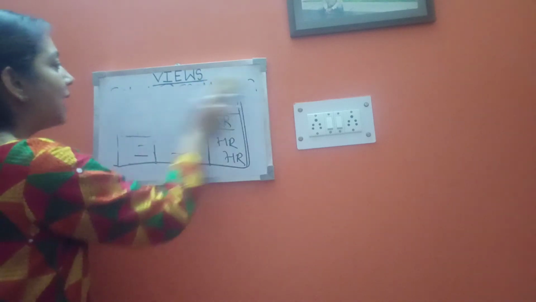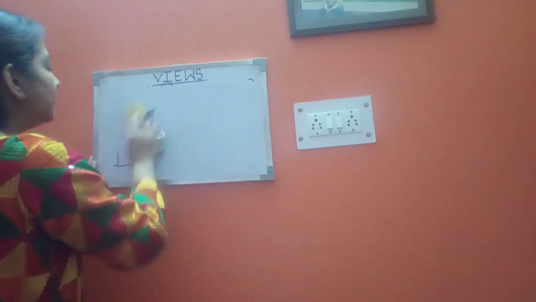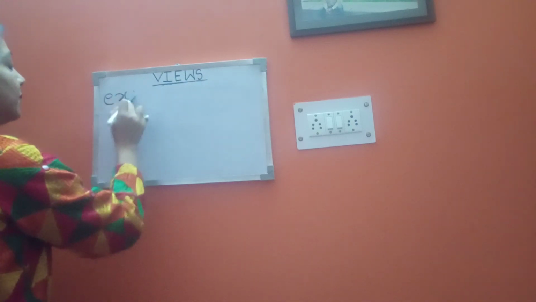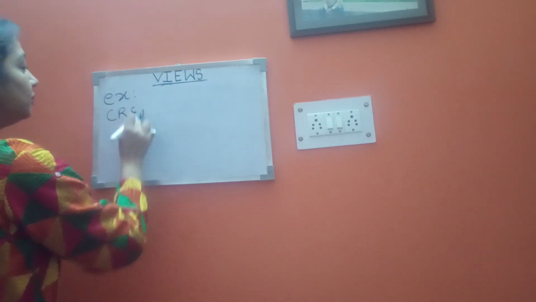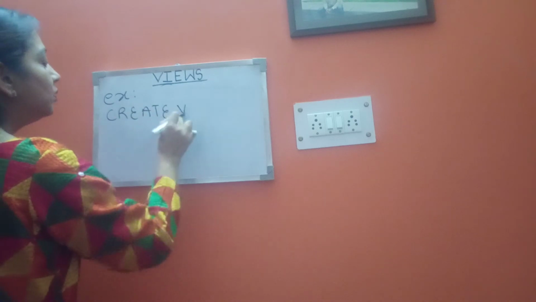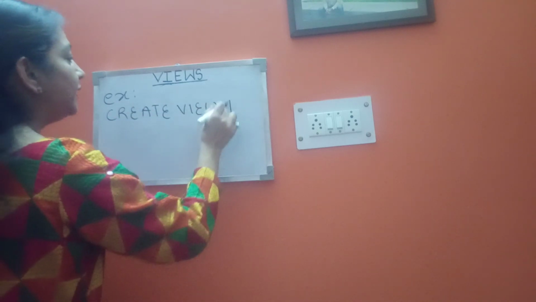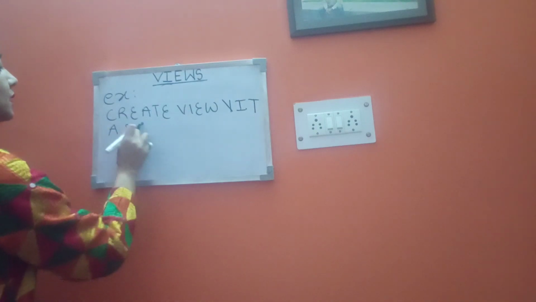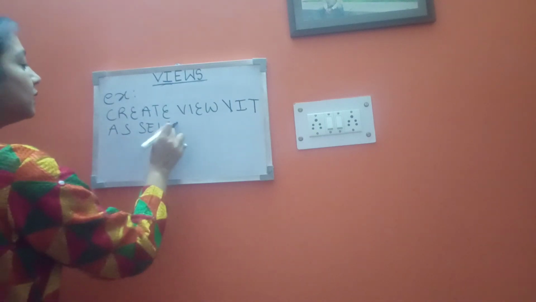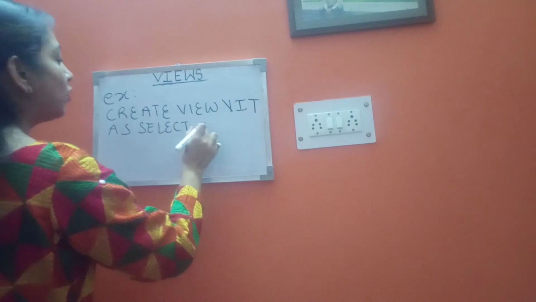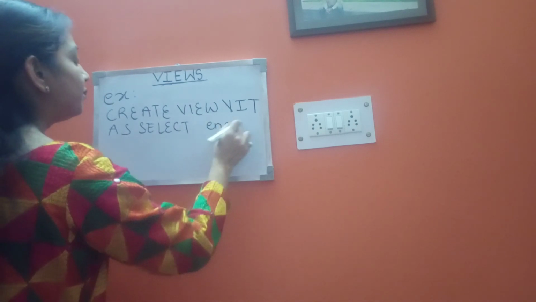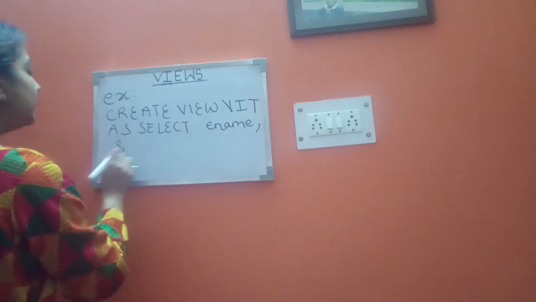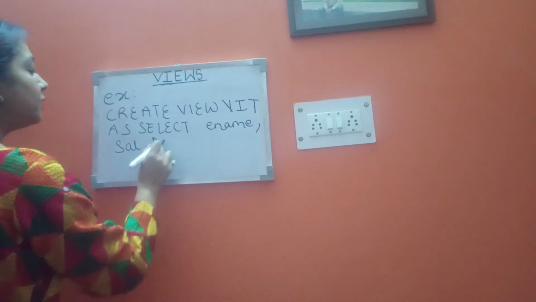Similarly, for the finance and the IT department, I will create views. For example, I will give you one more example. Create view, now for the IT department, I give the name VIT as select. What do I want to select? Employee name, employee salary and the department.